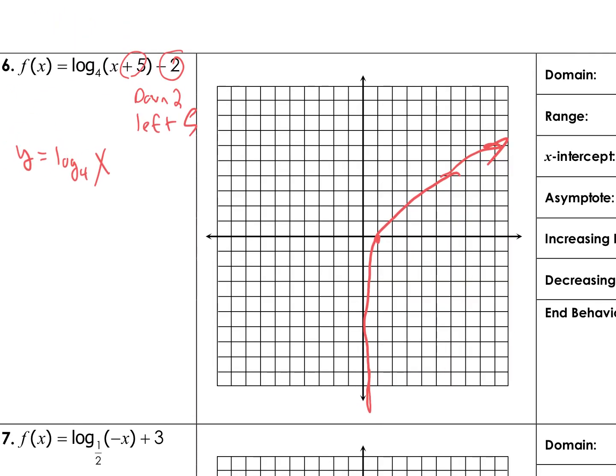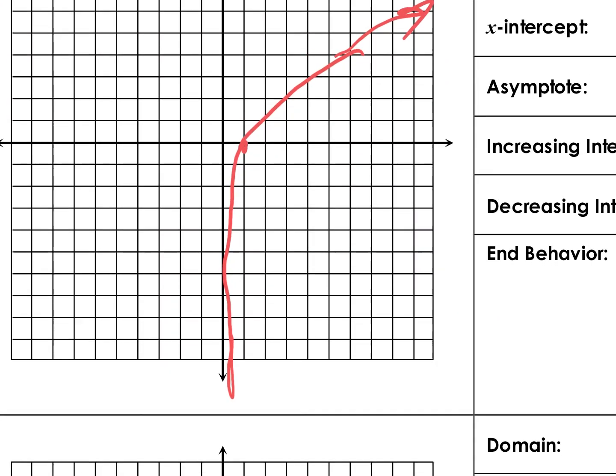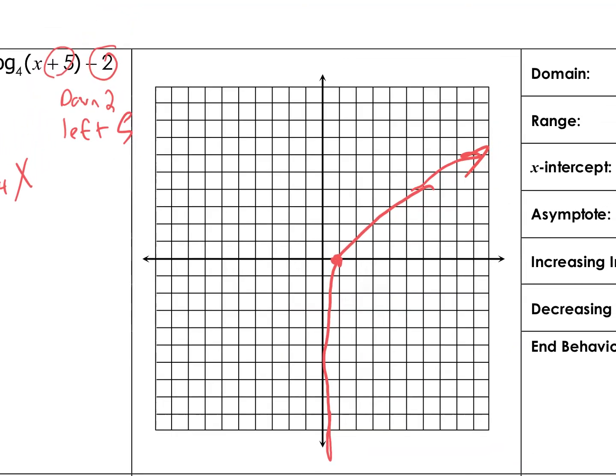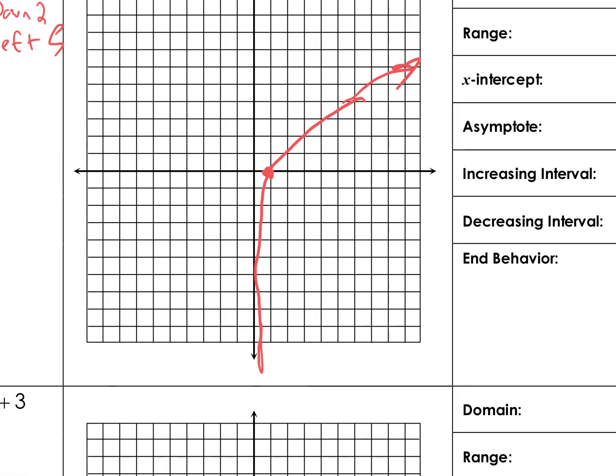There's a shift down and there's a shift left. So think about it. This point right here has to go down how many? 2 and left 5. So watch this. Down 2, left 5. 1, 2, 3, 4, 5. It has to be over there.